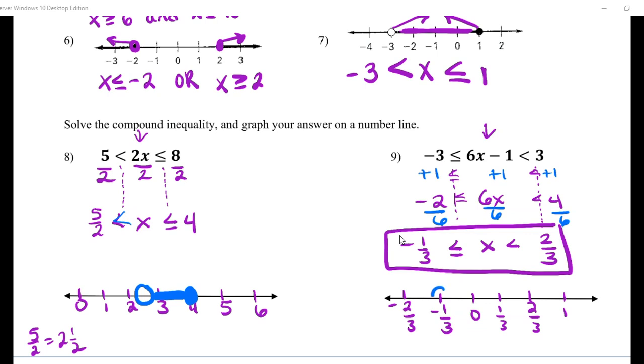So it's filled in at negative 1/3, open at 2/3, greater than or equal to negative 1/3, less than 2/3, so it's those values in between.